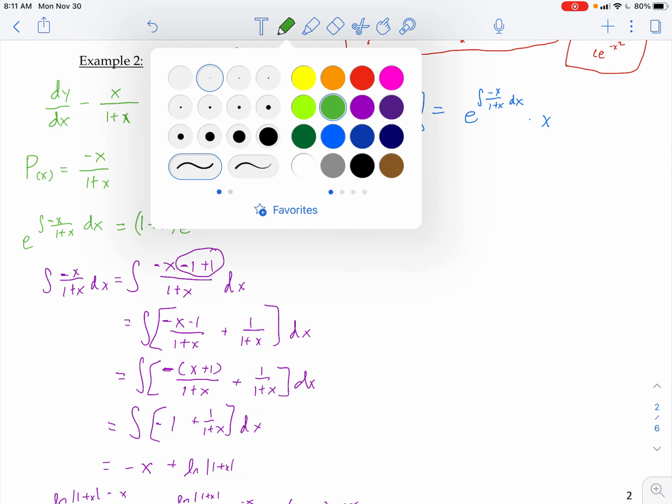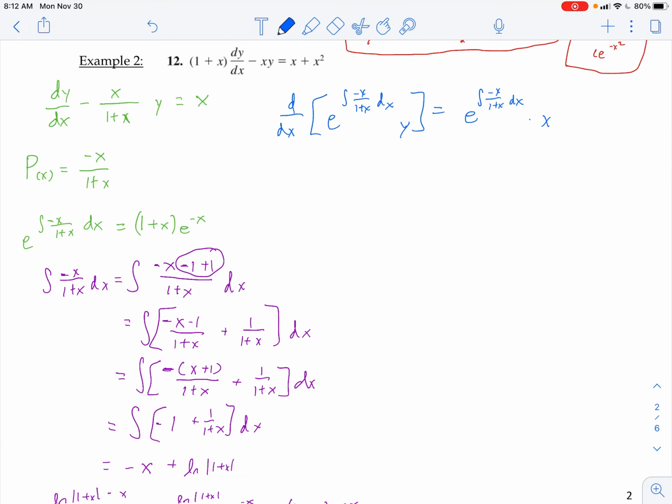And so now I'm going to rewrite my integrating factor over here: d/dx of (1 plus x) times e to the negative x times y is equal to (1 plus x) times e to the negative x times x.